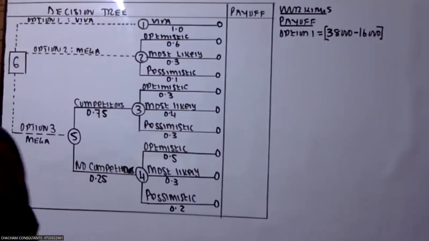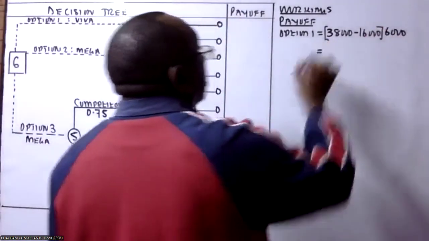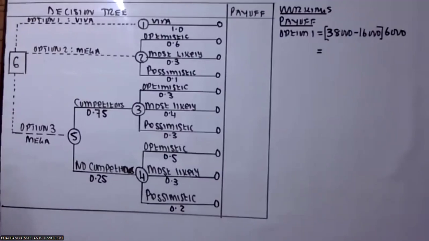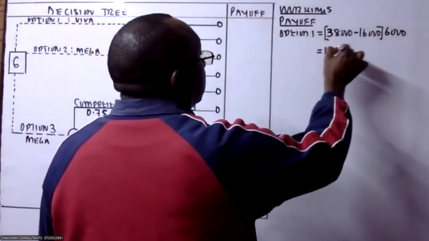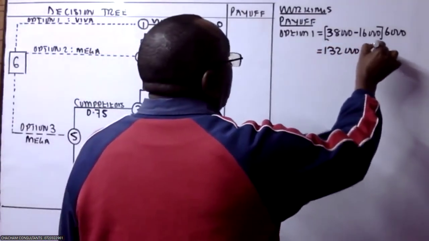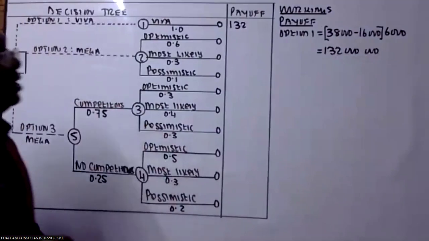Then you multiply by the number of customers, 6,000. So work out that. That's 2 million. So that is what you put here, 132. Let's work with our figures being in millions.